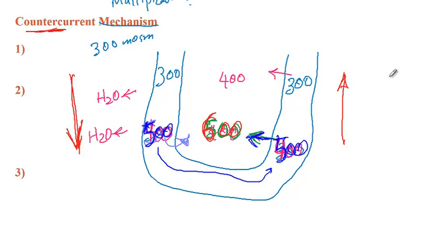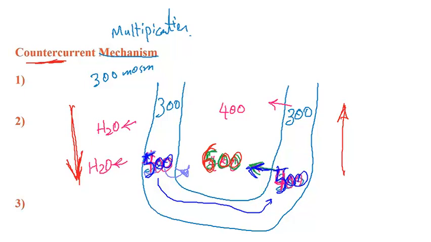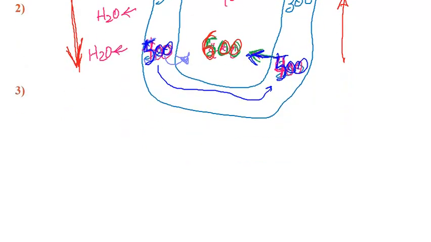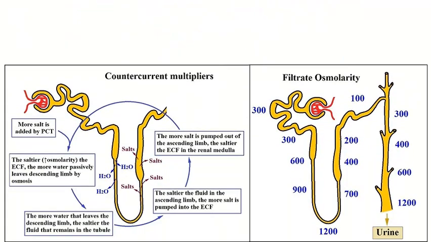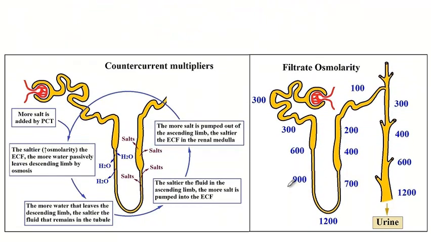And the reason we call it multiplication is that the osmolarity keeps on increasing, or in other words, it keeps on multiplying. So this process will continue until the osmolarity of the interstitial space at the deep medulla reaches 1200 milliosmolar.